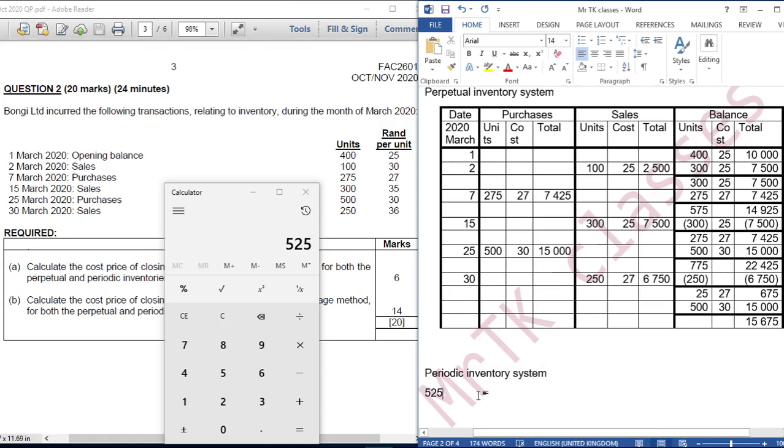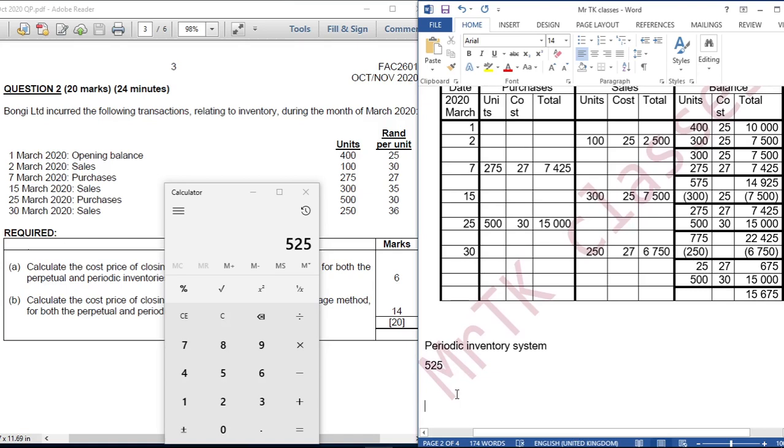So since we have 525 units in stock, these are the units that we need to value. And we are using first in, first out method, which means what came first were the first ones to go out. So what we have now is from the recent purchases, because what we had at the beginning, we sold first.